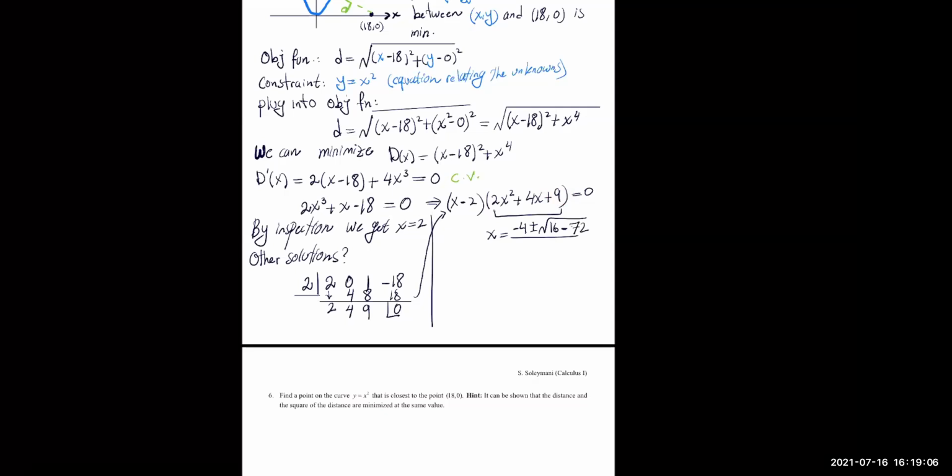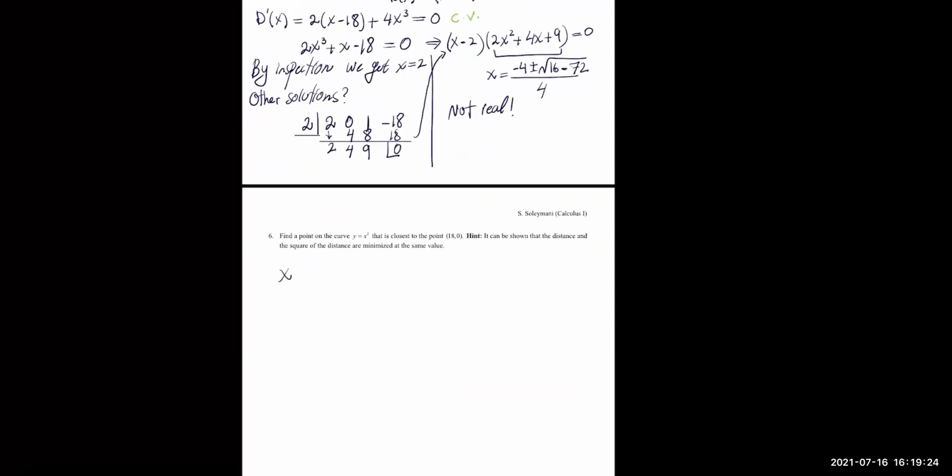This is great news because I get a negative discriminant. This doesn't have any more real solutions. So x equal to 2 is the only solution, the only critical value.